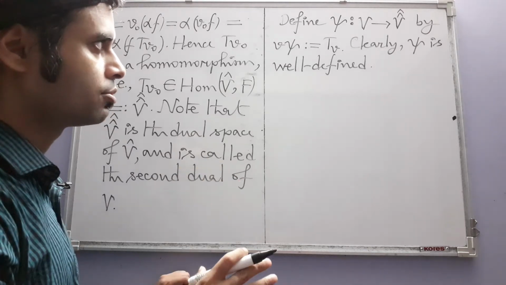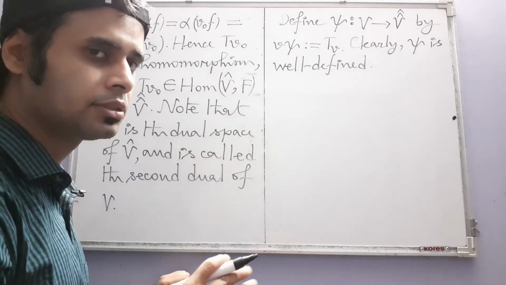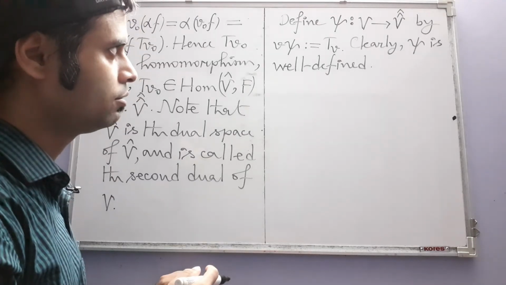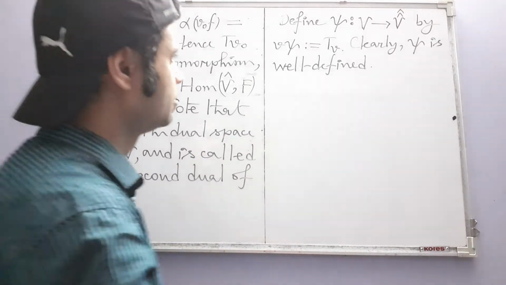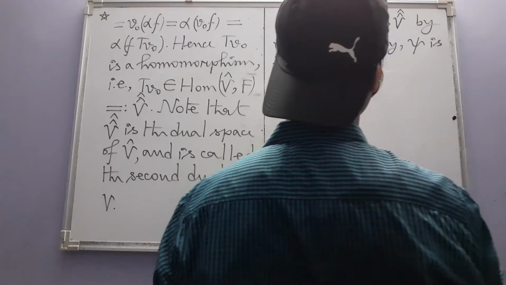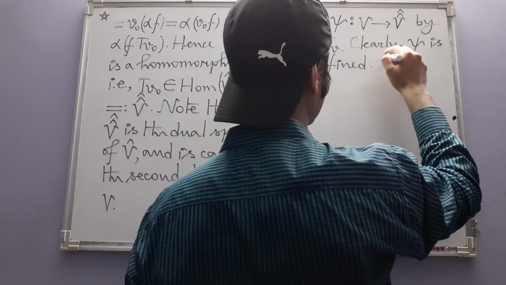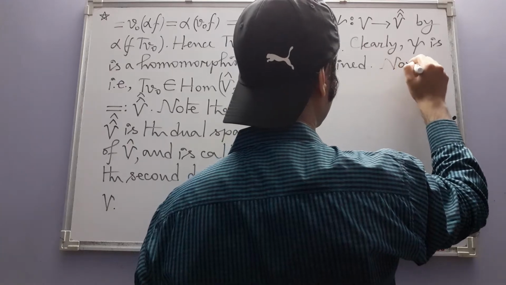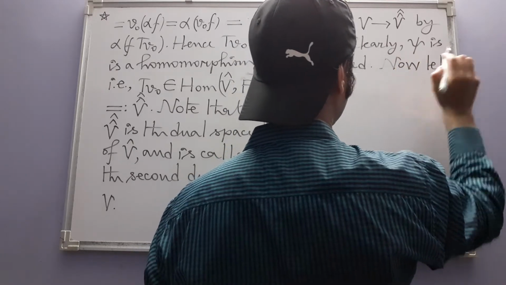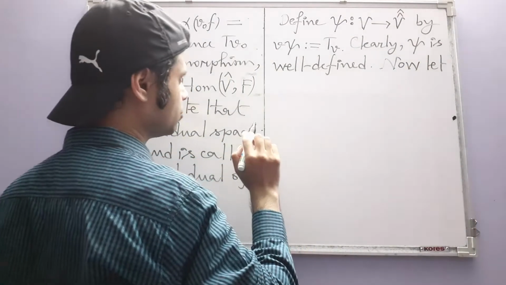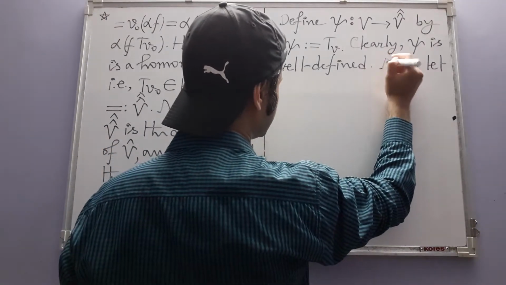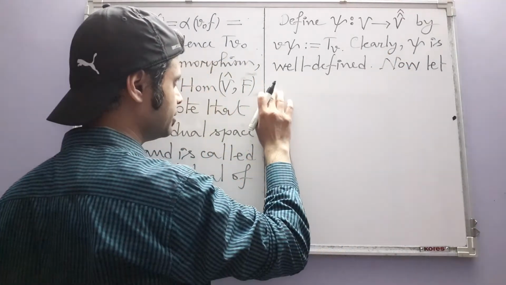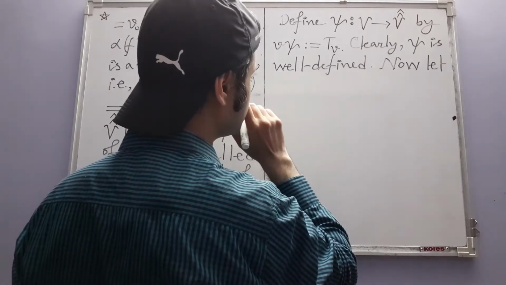But before we go to that, the first thing we have to do is to show that psi is a homomorphism. So that's what we next do. Now, in order to show that psi is a homomorphism, we are going to need these ingredients.